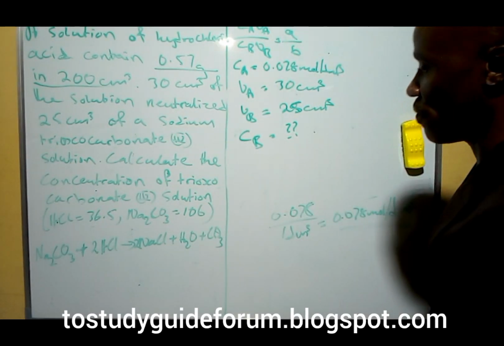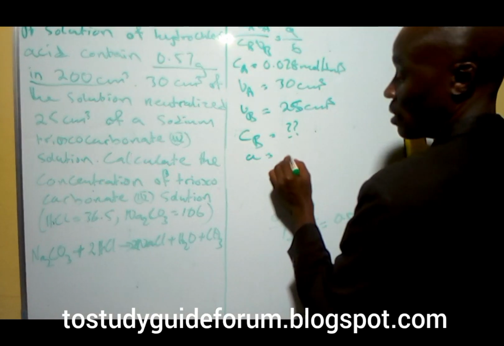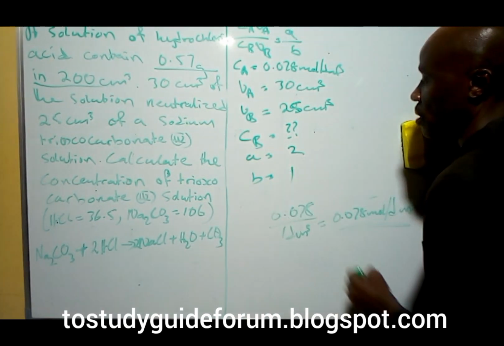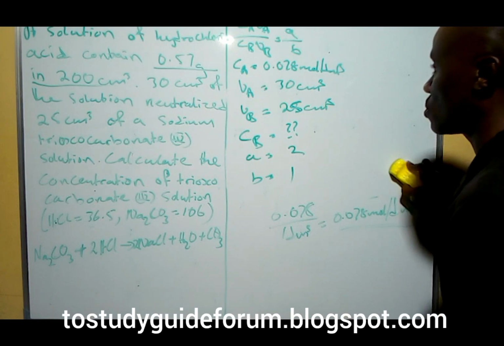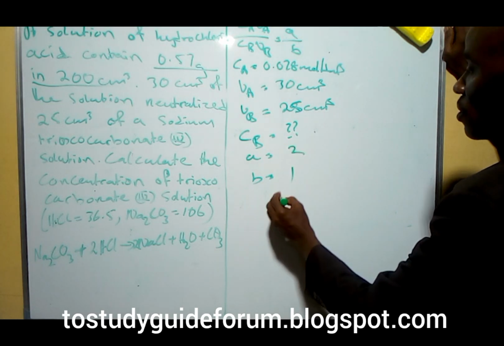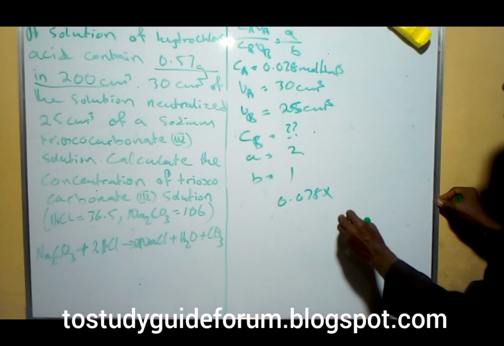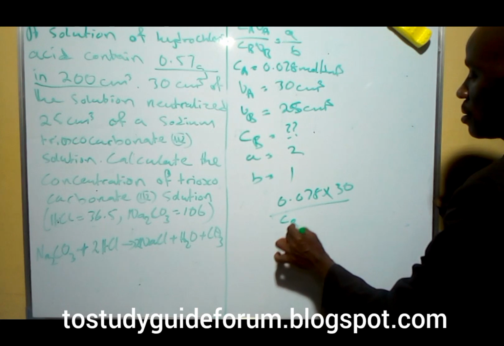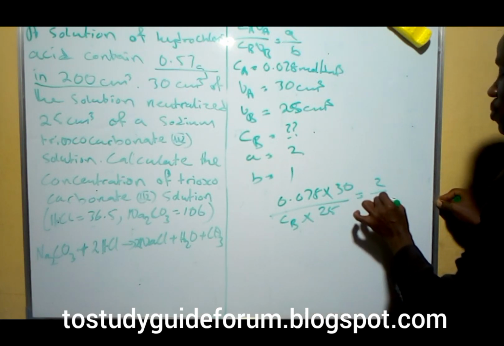From this chemical equation, we find out that for the acid we have 2, and for the base, which is trioxocarbonate, we have 1. So if we substitute this, we see what we get. By substitution, we have 0.078 times 30 over CB times 25 equals 2 over 1.